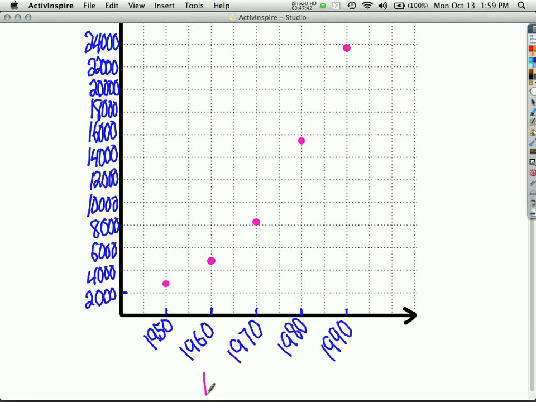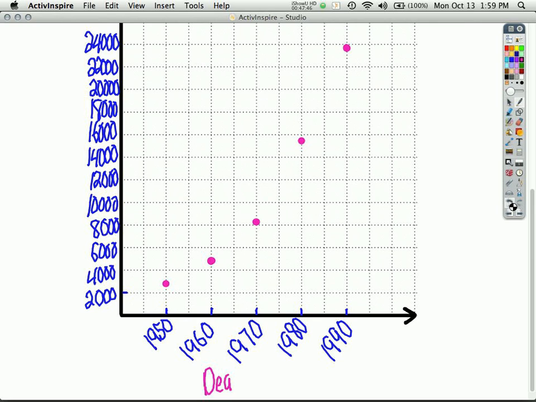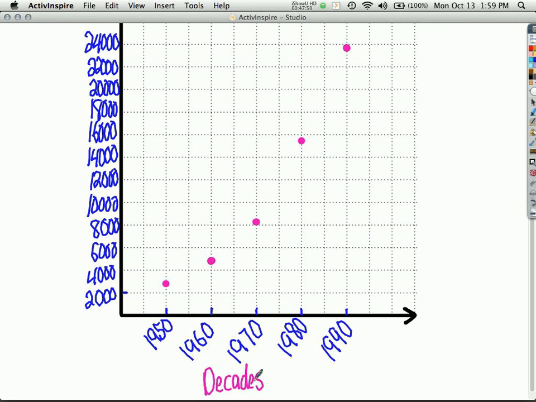So these are decades. Excuse me, that's decades. And this is salary. Salary in dollars. So now we have a complete graph. Anyone have any comments or questions?